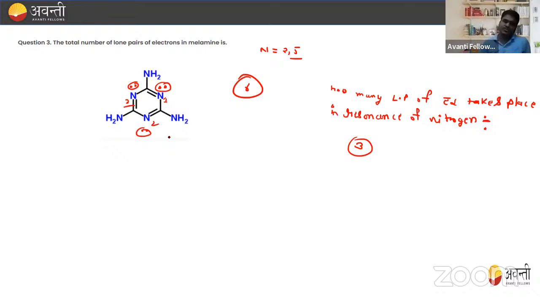So the total of 3 nitrogens, whose lone pair of electrons takes place in the resonance formation. So this is also clear. I hope this is also very easy.